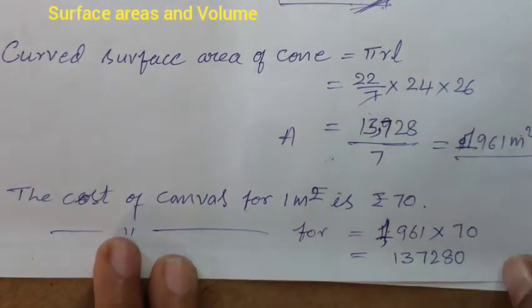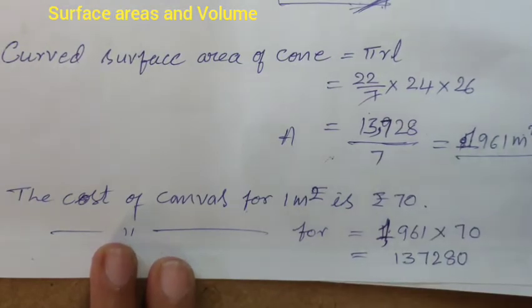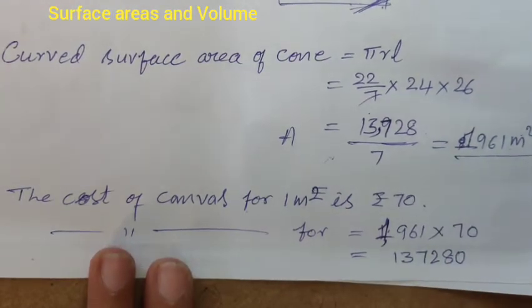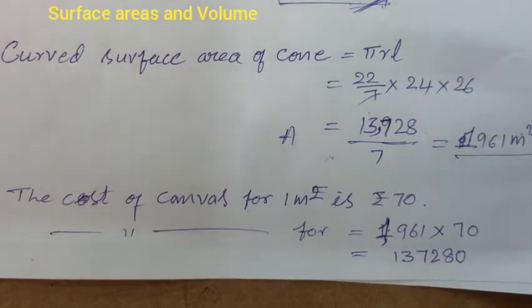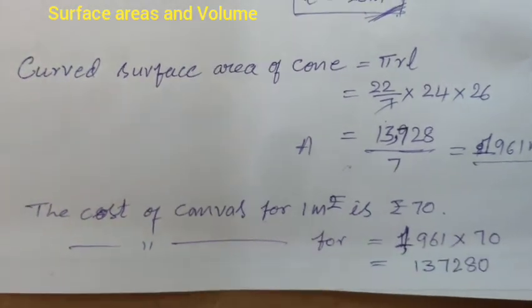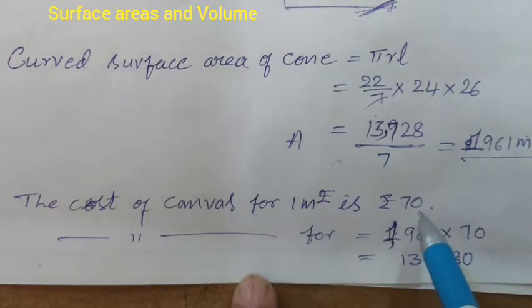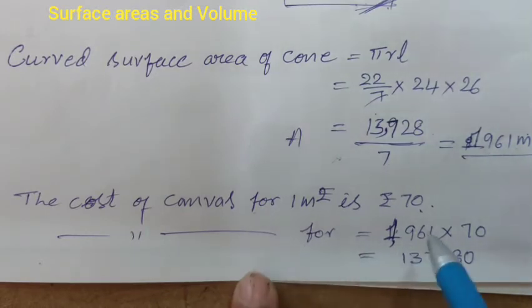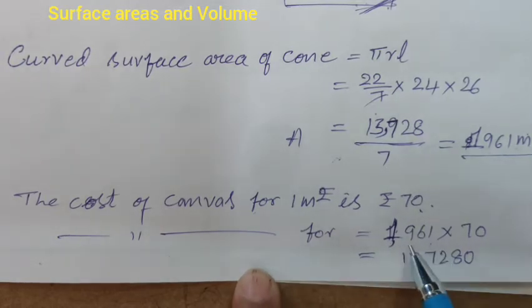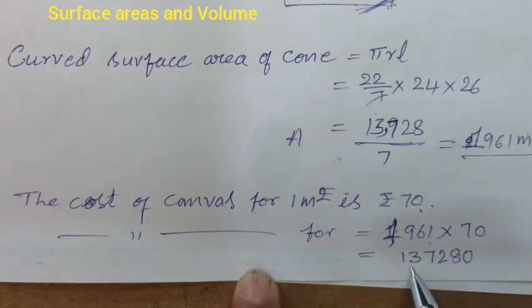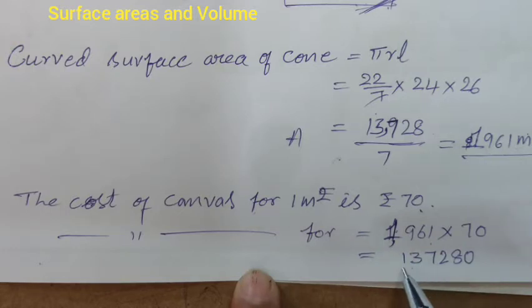The next question is, find the cost of the canvas required to make the tent. The cost of 1 meter square of canvas is rupees 70. What is the cost of canvas for 1961 meter square? Here you can multiply 1961 into 70, we get 1,37,280 rupees.